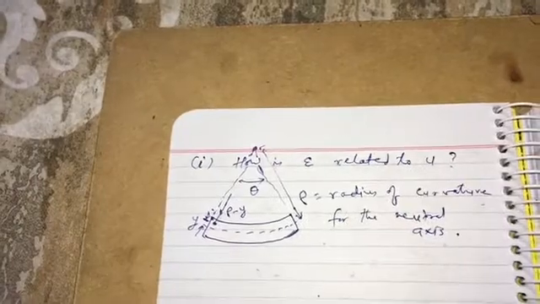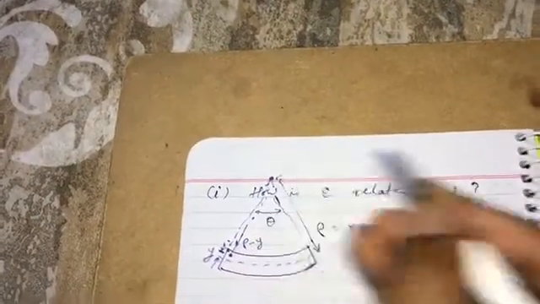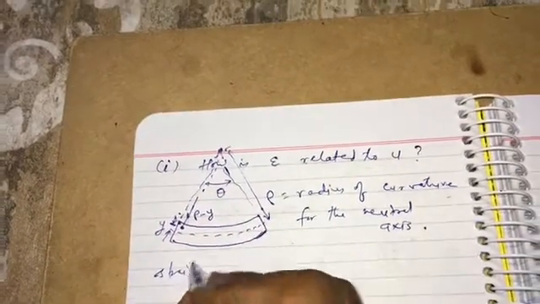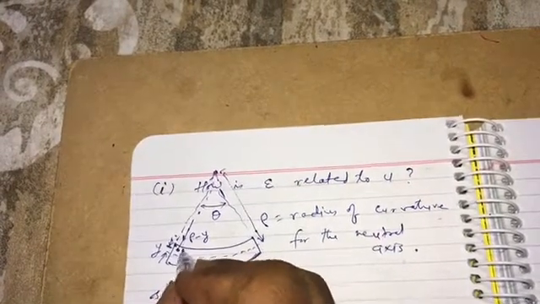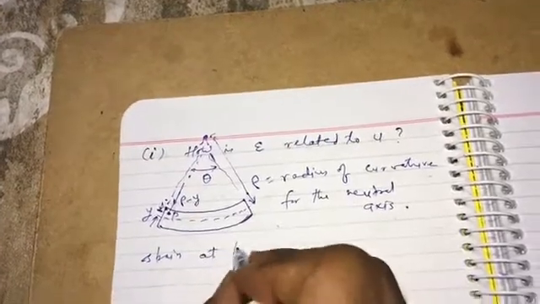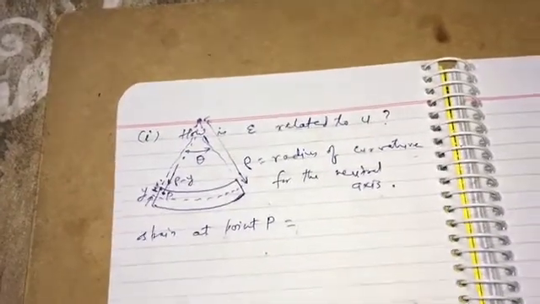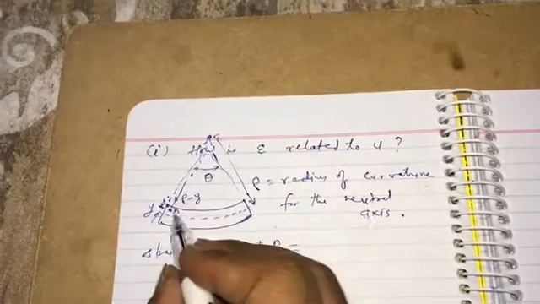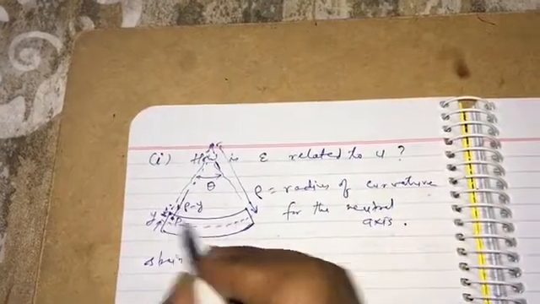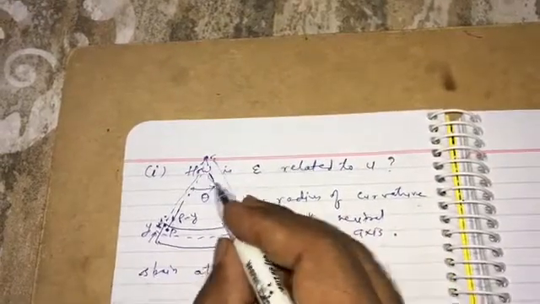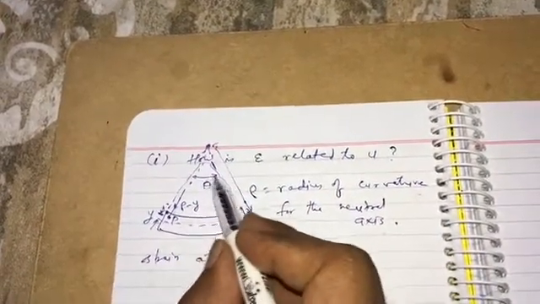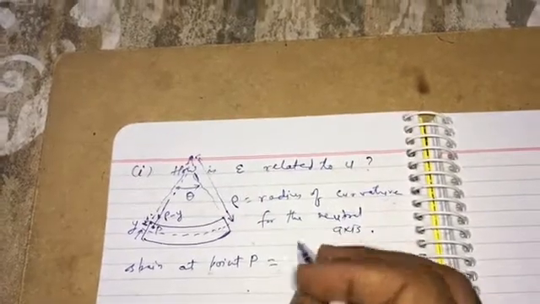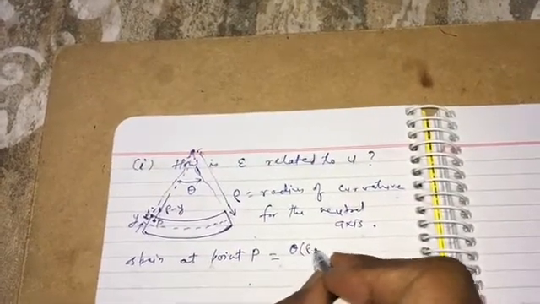Now the strain, let's call it point P. The strain at point P comes from the change in the radius of curvature here. That will be simply theta times the radius of curvature at point P, so theta times rho minus y.